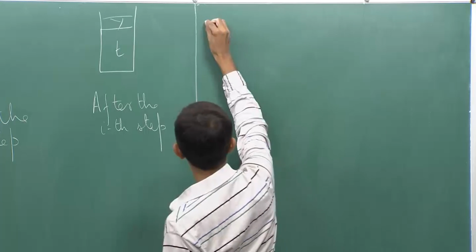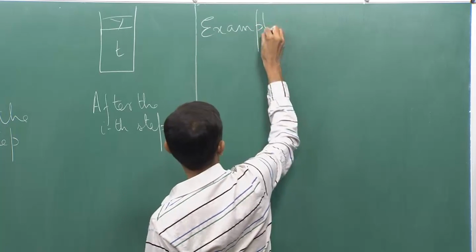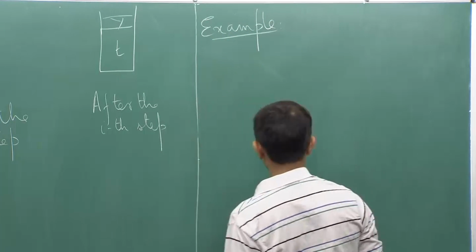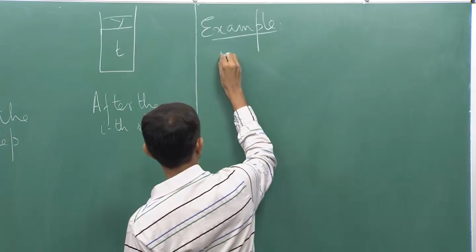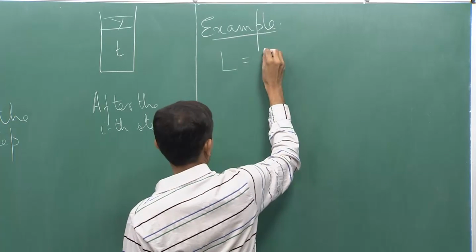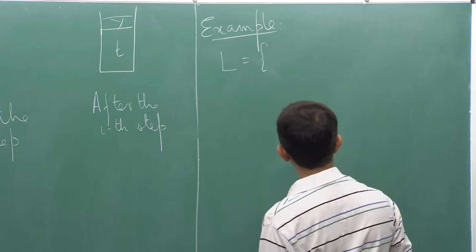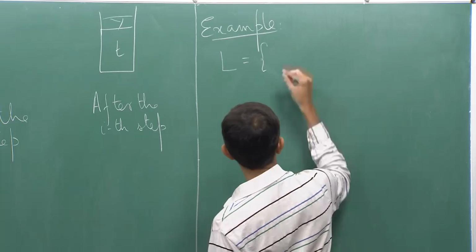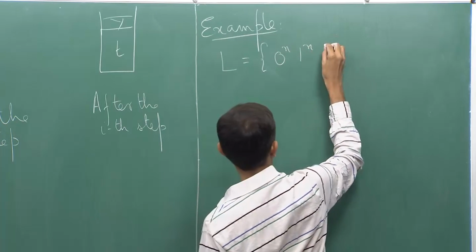So, we will construct a push down automata for the popular language 0 to the power n, 1 to the power n.